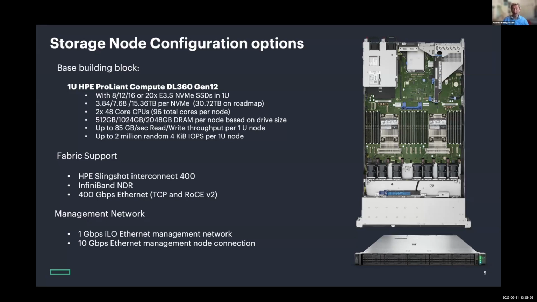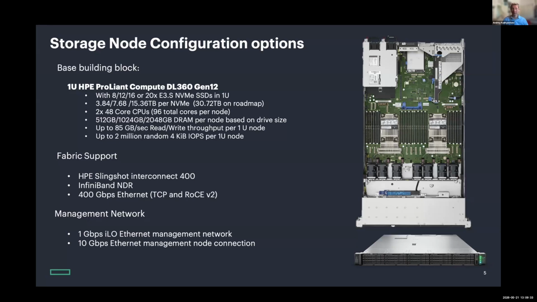We provide support for all the possible fabric options. Of course, being HPE, Slingshot is our primary fabric for Cray Supercompute. Of course, InfiniBand as well, and Ethernet with plain TCP and RoCE v2 support. I mentioned that the management infrastructure is a part of the K3000 solution, and that includes two management networks.